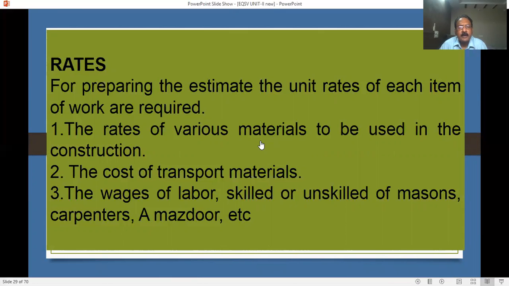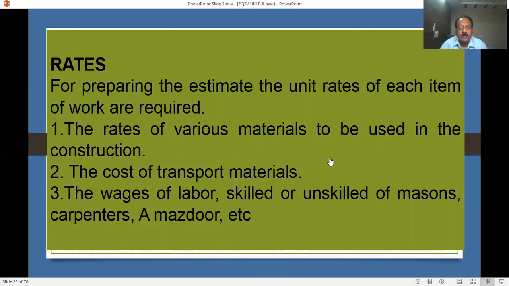You should know the various rates in calculating the unit rate of each item. So the rates of various materials to be used in the construction should be known. The cost of transportation of material. In construction, all materials may not be available on site, but they are transported from nearby, around 3 to 5 kilometers, or 1 kilometer.